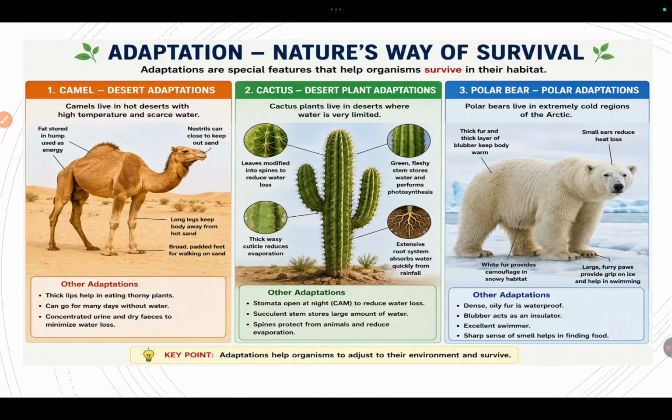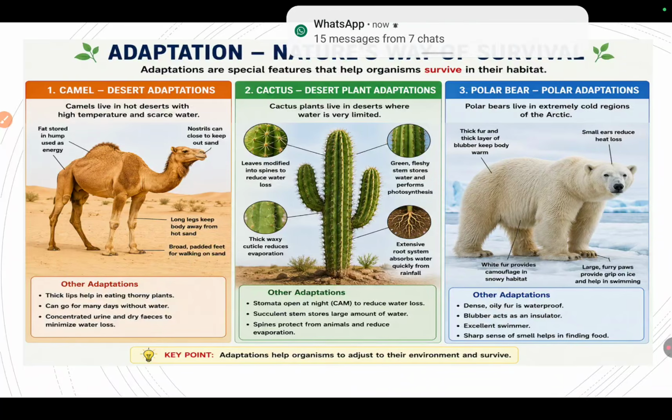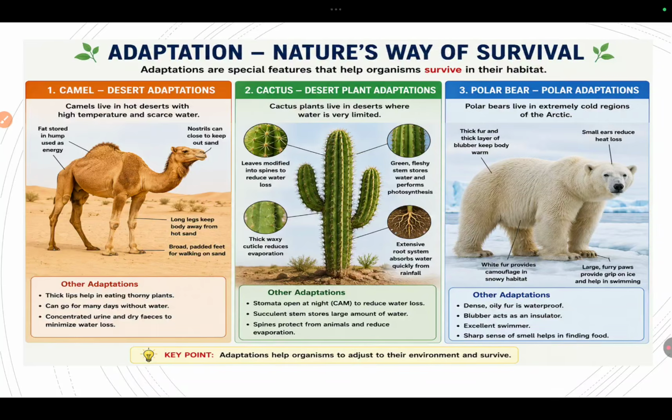Adaptation and evolution. You have seen there are so many adaptations and evolution in living organisms. For example, the camel shows desert adaptations. Cactus also shows the same kind of desert adaptations. Polar bears have fur and they are adapted to extreme cold.